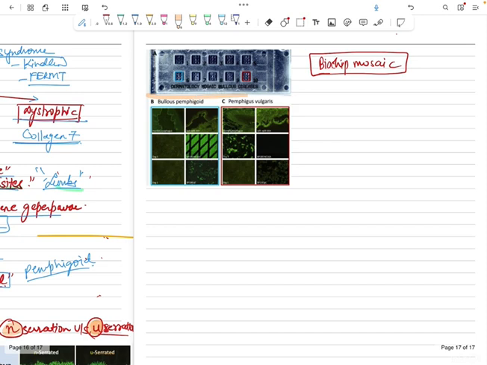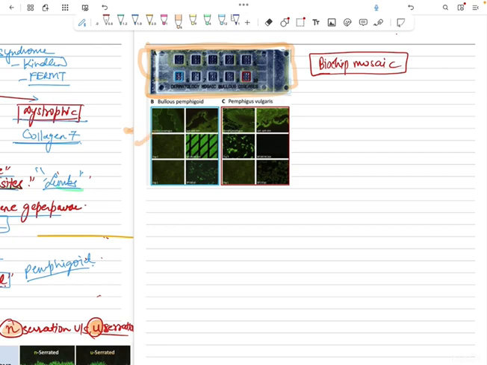If they give you this image, what is this? Multiple vertical columns, multiple wells are there, and a lot of antigens are placed. You take the patient's blood and the antibodies bind here, and you can know which disease it is. So multiple antigens for pemphigus vulgaris, pemphigus foliaceus, desmoglein 1, desmoglein 3, BP180 NC16, BP230.